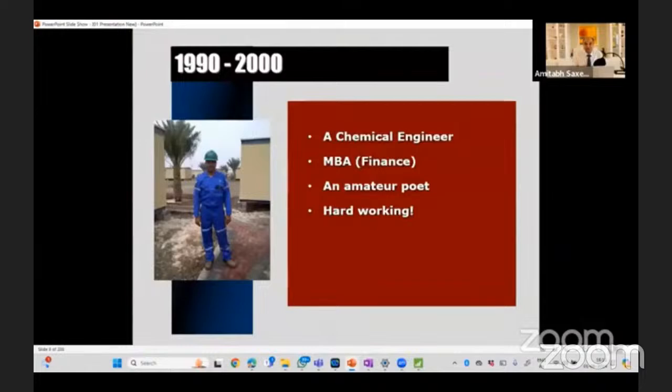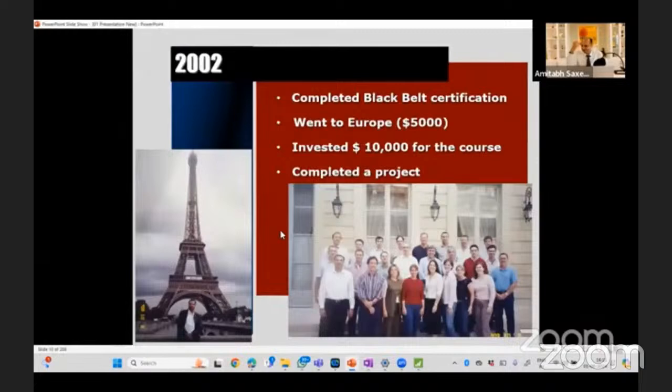About me, I'm a chemical engineer. Earlier, I used to work hard. Still, I work hard. I am an MBA in finance too. I'm an amateur poet and work more than 14 hours per day, because Lean and Six Sigma is such an excellent and exciting journey that you don't feel like taking rest. You have lots of clients, lots of projects, and lots of work in hand.